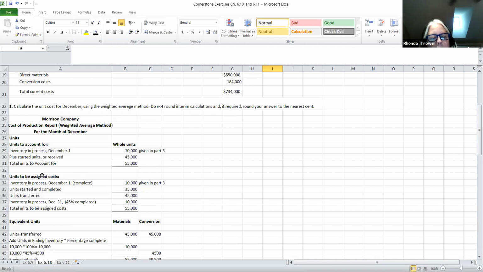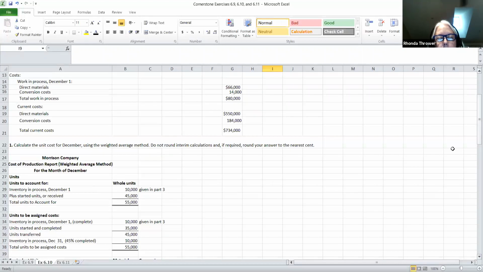the FIFO method. Now, the only thing they have told us about the FIFO method so far is this part of the whole units portion. They really don't even tell us the beginning inventory units in this problem.